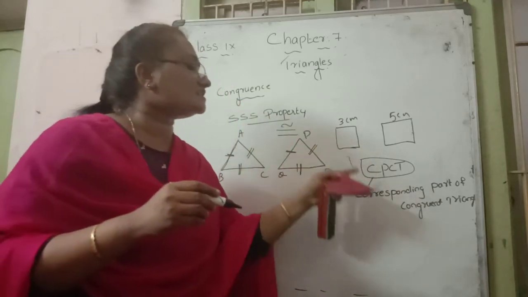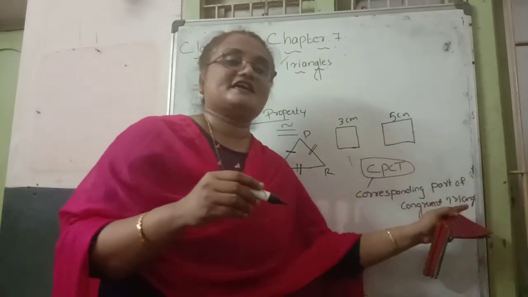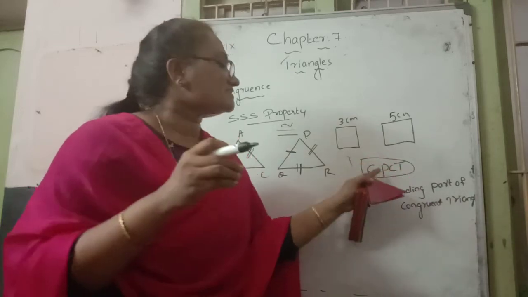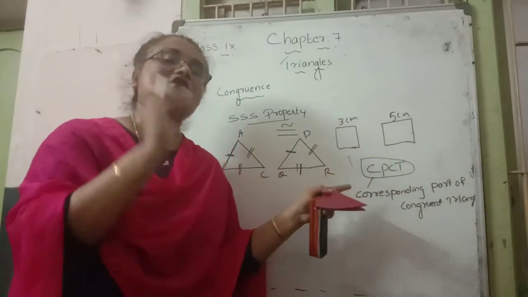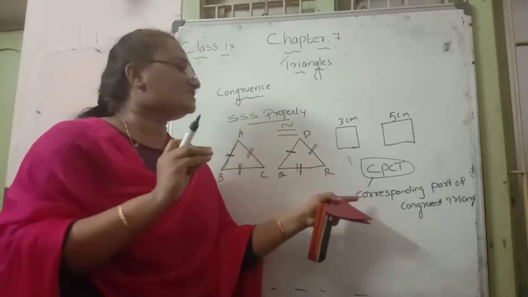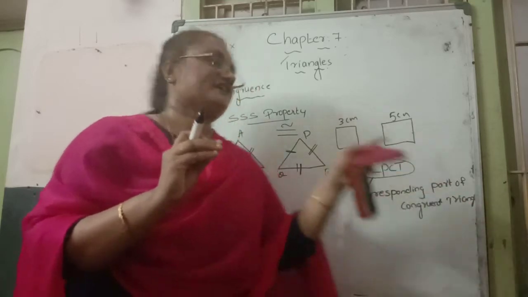CPCT means corresponding parts of congruent triangles. While doing exercises you will understand what I am saying. So try to understand the meaning of CPCT: corresponding parts of congruent triangles.